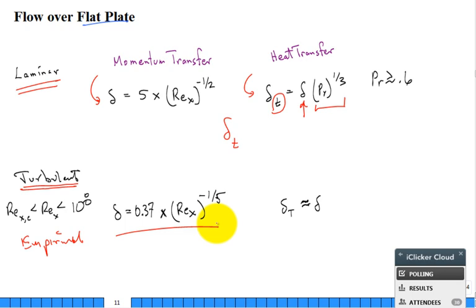We see that the boundary layer thickness, when it's turbulent, is about 0.37x Reynolds to the -1/5. Now also for heat transfer, well, when it's heat transfer, it's well mixed. And when it's well mixed, the velocity profile, the thermal profile, they're about the same thickness. So there you go. The thermal boundary layer thickness in a turbulent region is the velocity boundary layer thickness in the turbulent region.